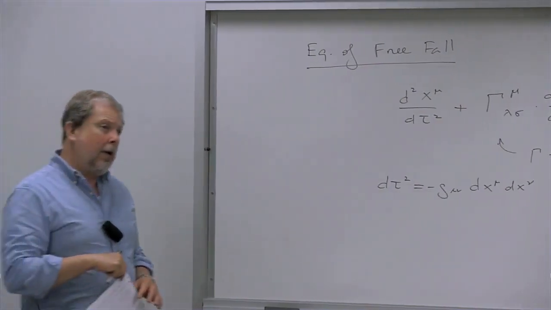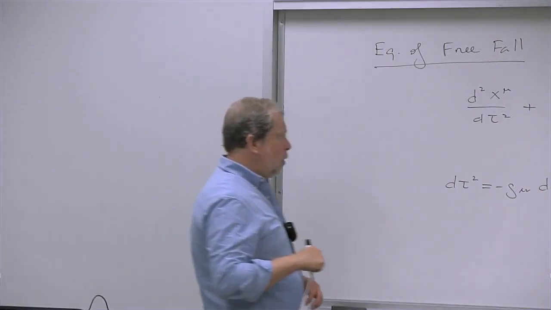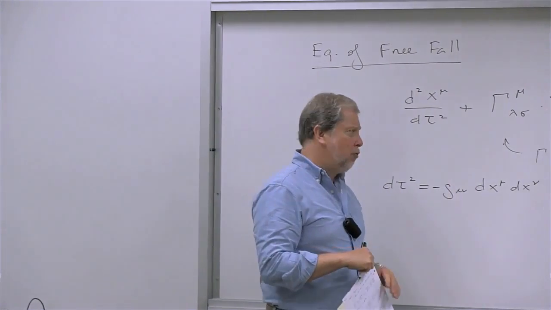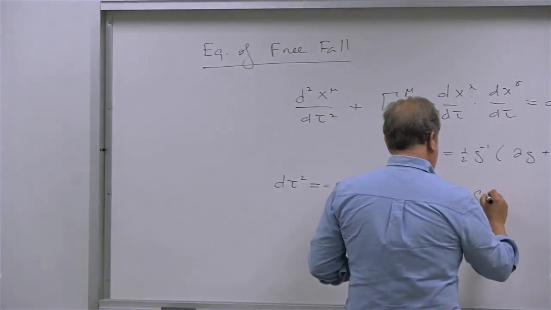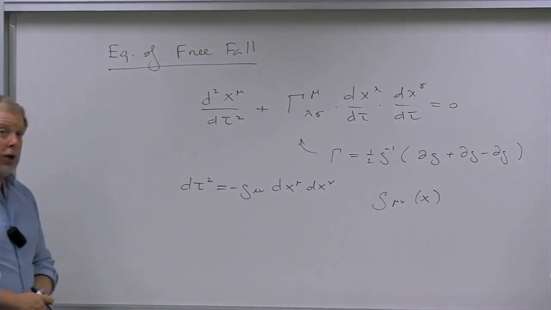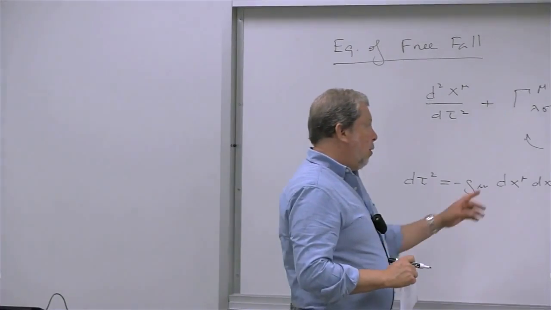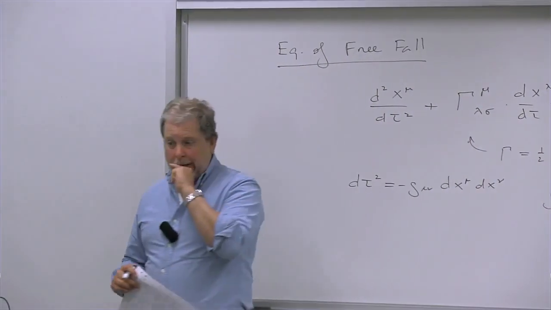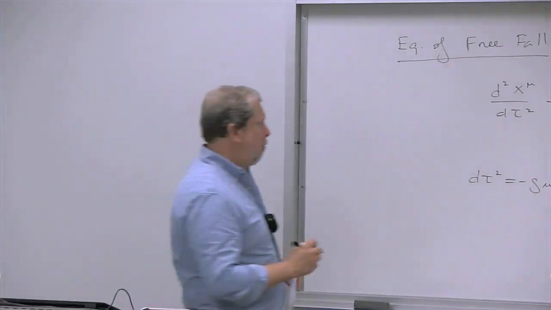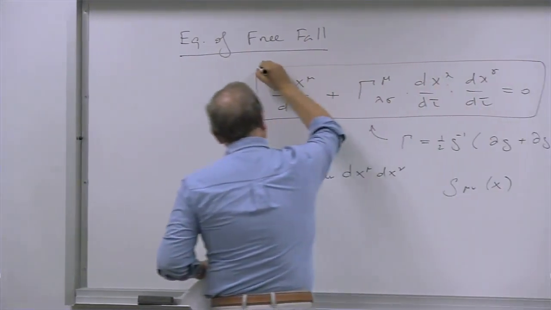And so we discussed the fact that you don't really quite know what to do with this equation unless you know, of course, what the metric is. The metric depends on x. And so if you know the metric, which is the gravitational field, then you know the affine connection, because you just have to calculate those derivatives and stick it into the equation of free fall, and you will get the analog of Newton's equation.